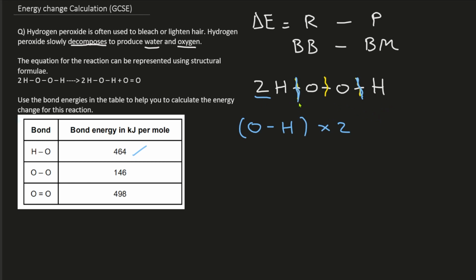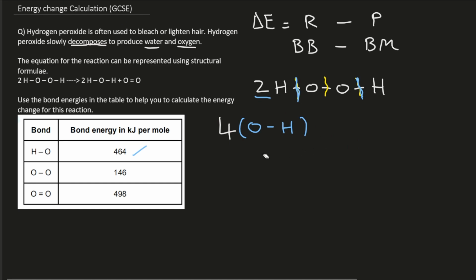If I've got 2 bonds broken here, that means 2 times 2 bonds, meaning 4 altogether. So there are 4 OH bonds broken. To make it easier, we've got 4 OH bonds being broken.